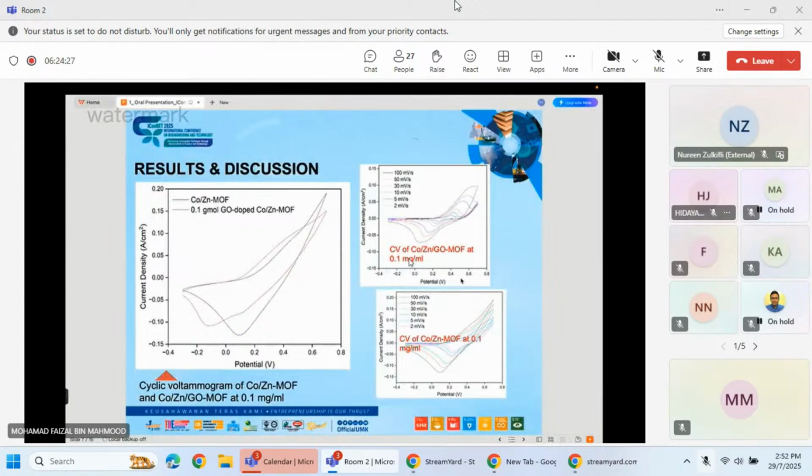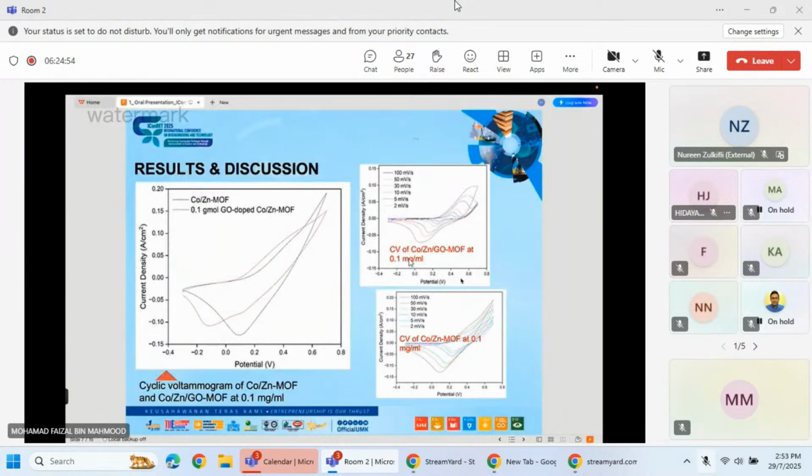When we compare the electrochemical performances of MOF with and without graphene oxide, we notice that the voltammogram area of the electrode with graphene oxide is somewhat larger. This implies the addition of graphene oxide improved the charge storage capability, suggesting an improved ion transport and electrical conductivity in the system.